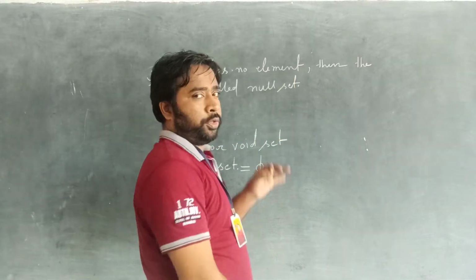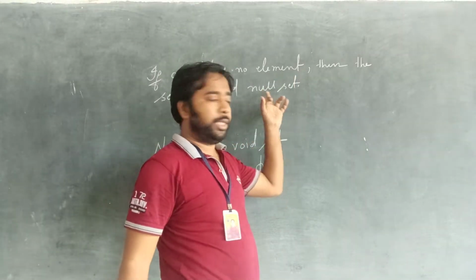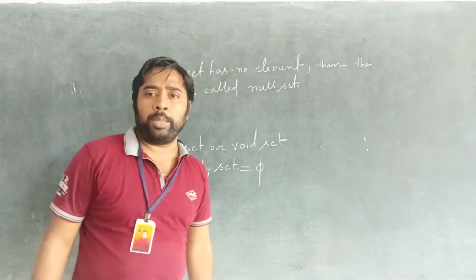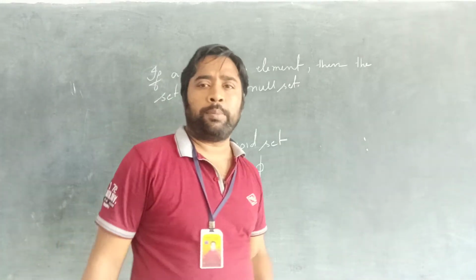Or we can say void also. Instead of null we can write void or empty set also. So if a set has no element, then the set is called a void set.